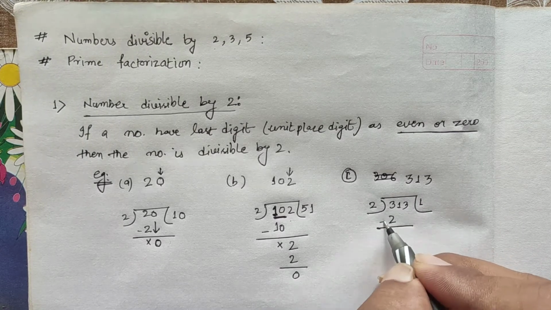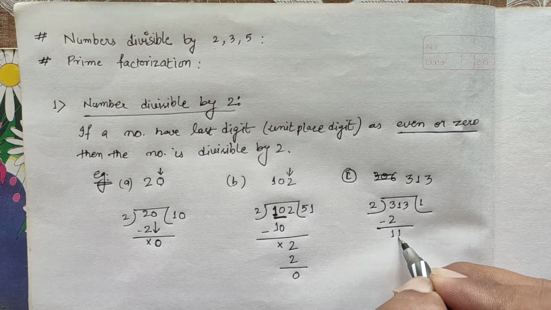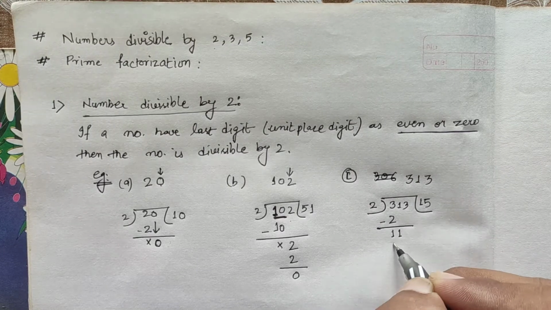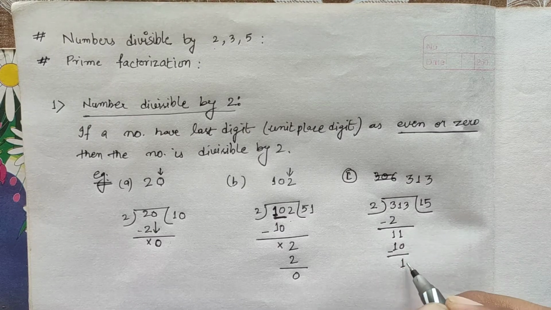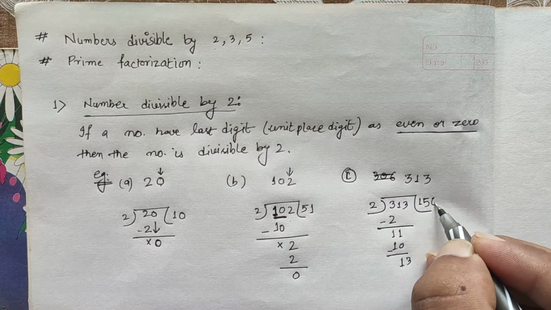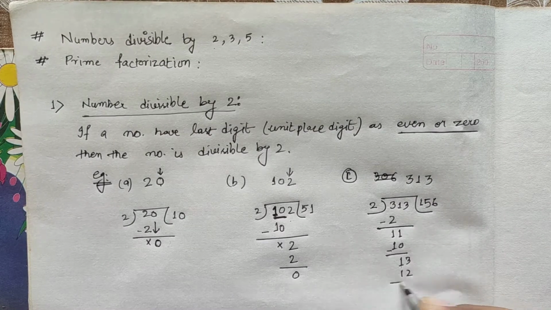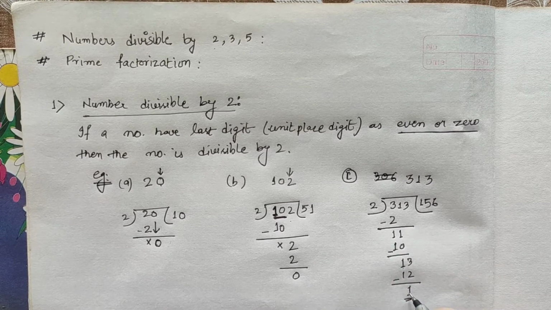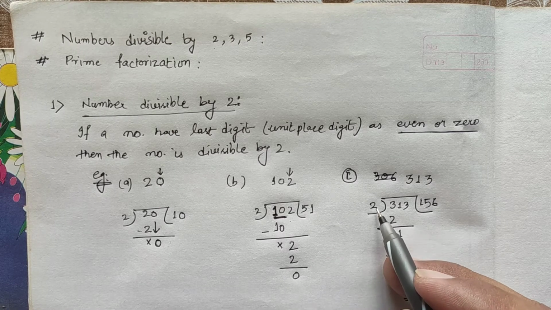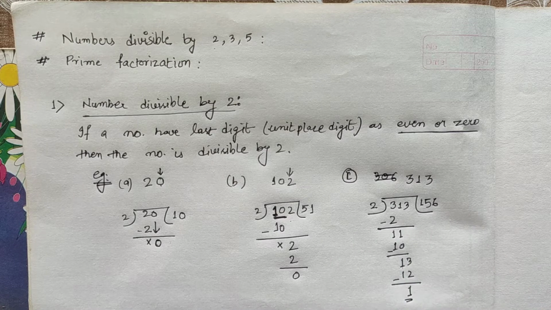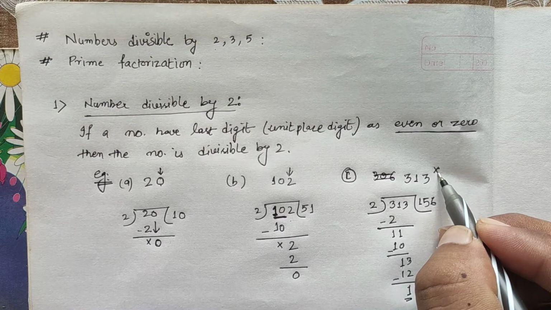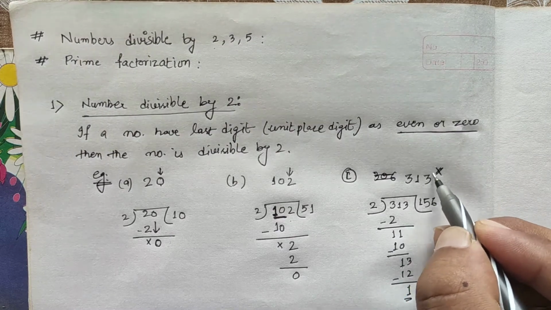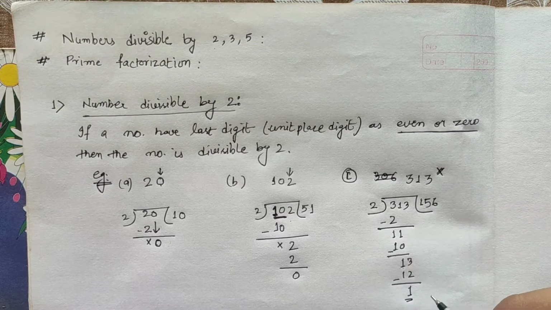After subtraction, 1, and we write here this 1. 2 times 5 is 10, again subtraction 1, and we write here 3. 2 times 6 is 12, after subtraction there is only 1, so this is the remainder, and the remainder is already smaller than 2, so we cannot divide 1. Hence this number is not divisible by 2 because it has the last digit as an odd number.